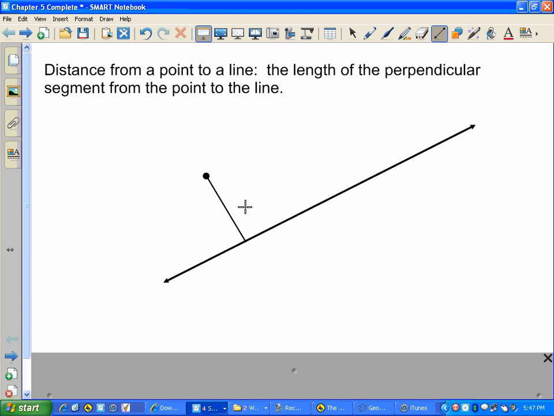There's only one line that's going to do this, according to our perpendicular postulate. So if I say the distance from this point to this line, there's only one right answer if we define it as the segment that's perpendicular to that line. So when I say how far away that point is from that line, you're going to have to measure the segment that's perpendicular to it.